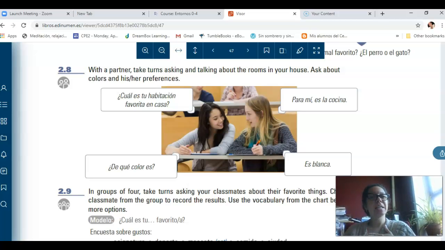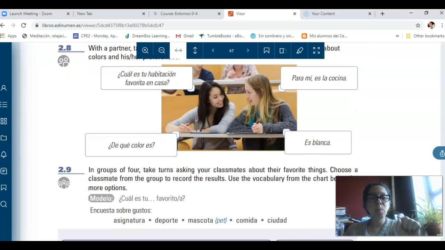Para mí es la cocina. Para mí es, and then you mention, okay? And if we want more details, how do we ask? ¿De qué color es? Let's say that we want to know a detail about the color, ¿verdad? Es blanco, es negro. Ojo, we keep the agreement.